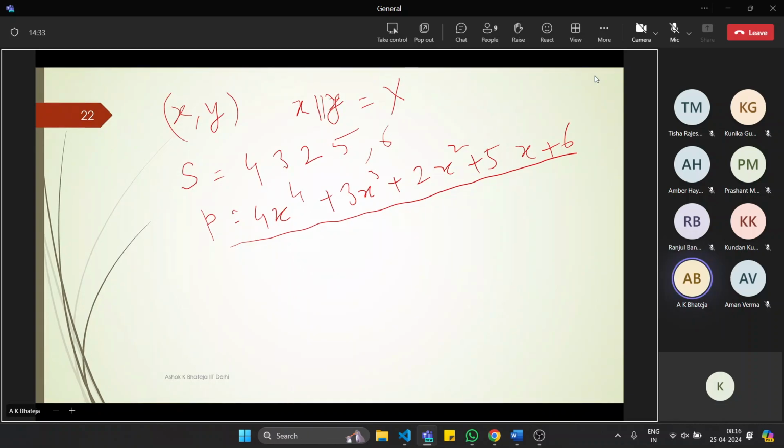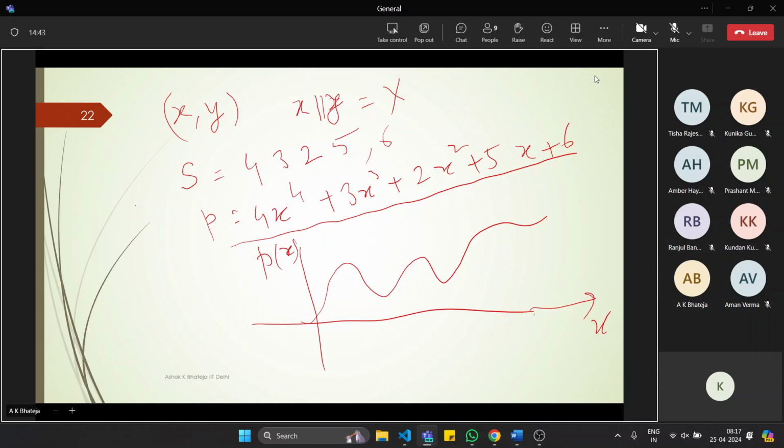And suppose this is the graph of this polynomial. Here there is x and here there is p(x). This is the graph of this polynomial. Now, what you can do is project this x on this polynomial. It means for this particular value of x, you can find the value of p(x).